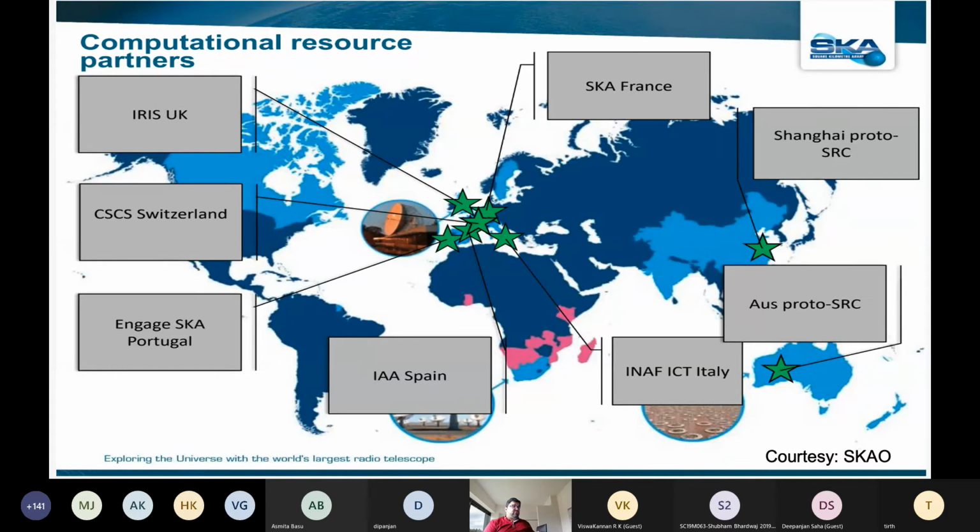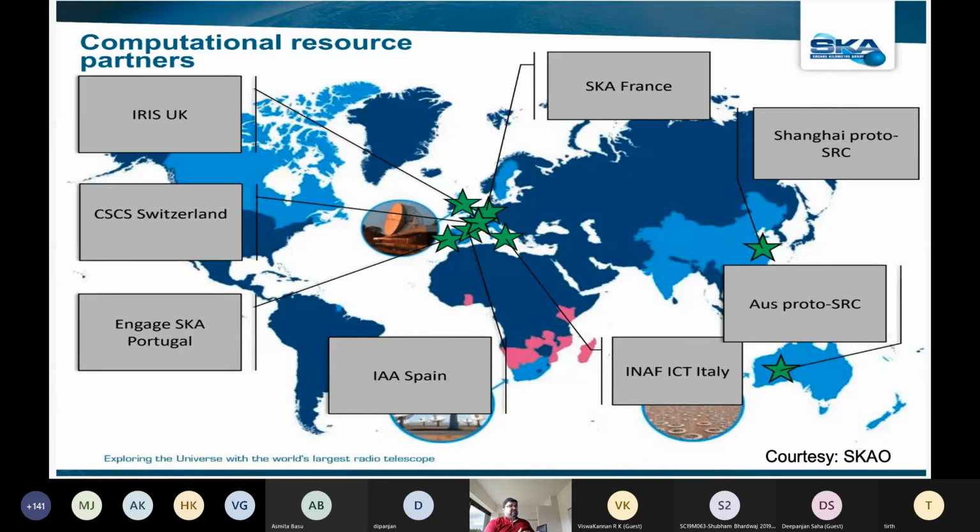In fact, something like a proto-SRC has started to get built. This is a snapshot of that, with teams currently participating across several science data challenges designed by the SKA office. The second one just finished, and the results were declared yesterday, or will be soon.